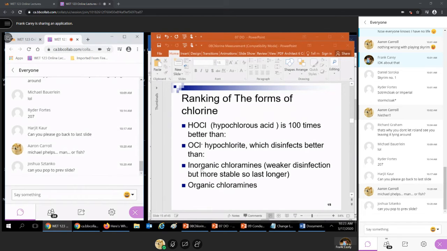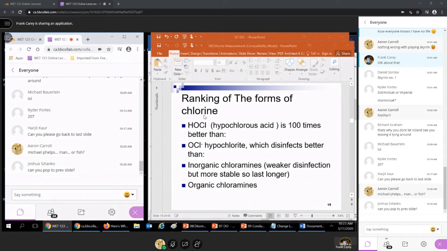So the chloramines still will disinfect, but not as well. The nice thing about them and why they are sometimes added into pure water systems is they're more stable and they last longer.